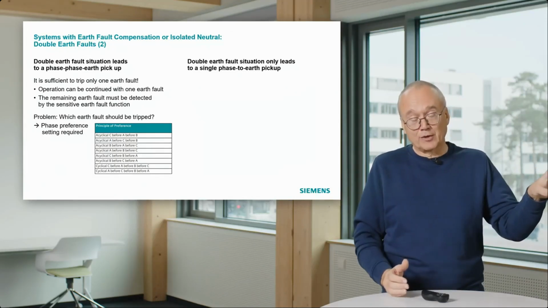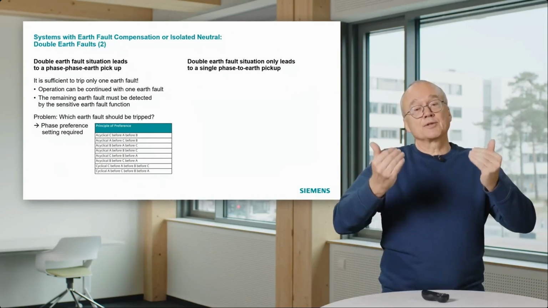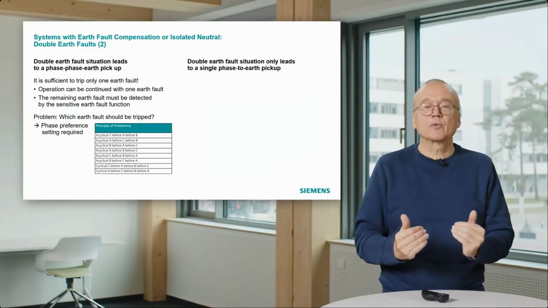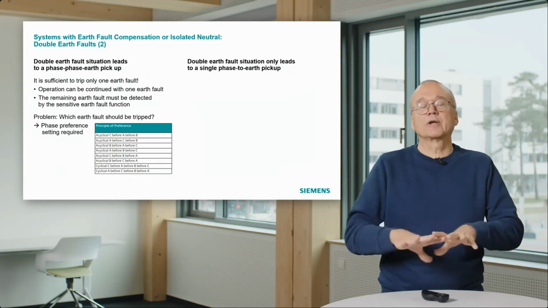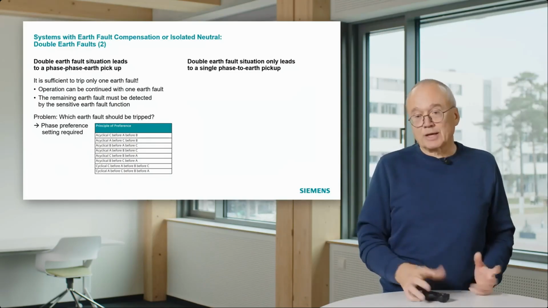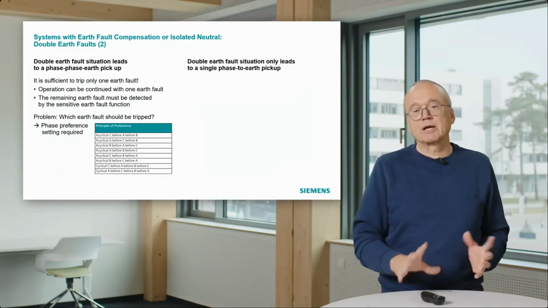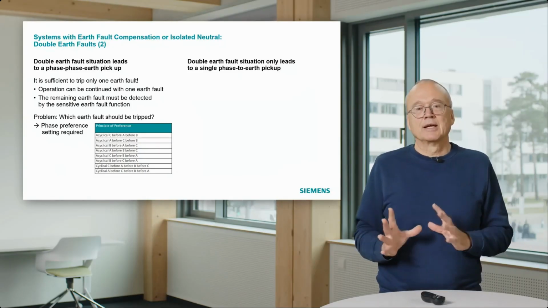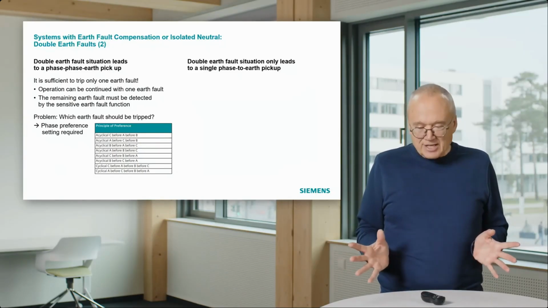It would wait for the other one to trip. Then the system goes back into a state where we have only a single earth fault and where we can continue operation.